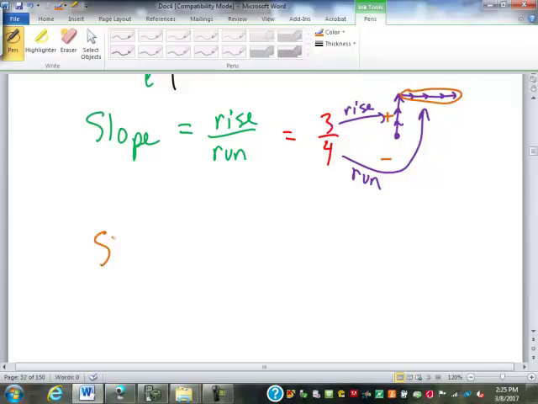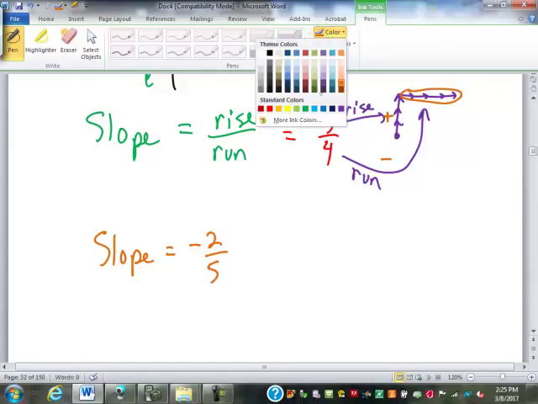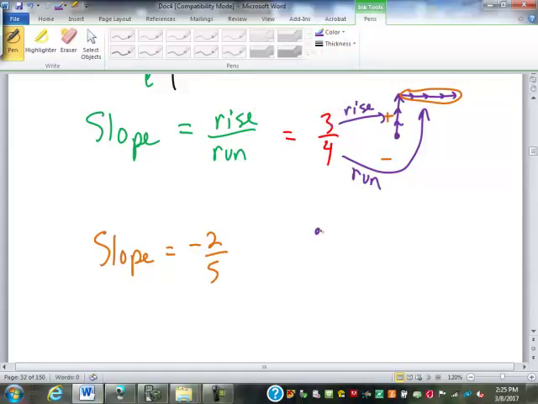If I have a slope of a negative 2/5, what that's telling me is from my starting point, I'm going to go down 2. That's my rise. It's the negative 2. The negative always goes with the rise. So I have a rise of negative 2, so I go down 2.